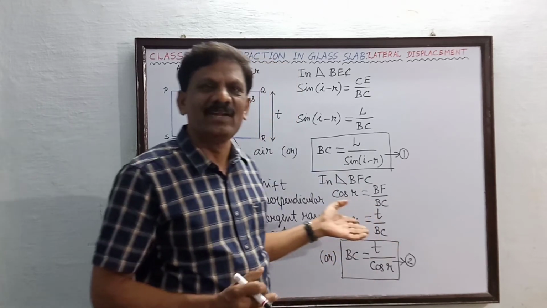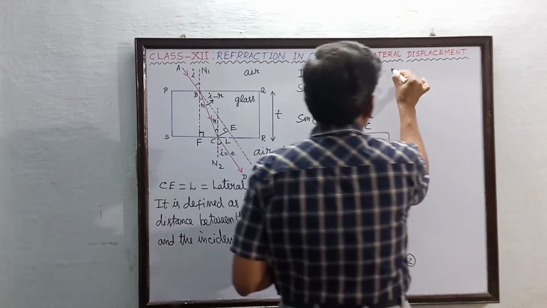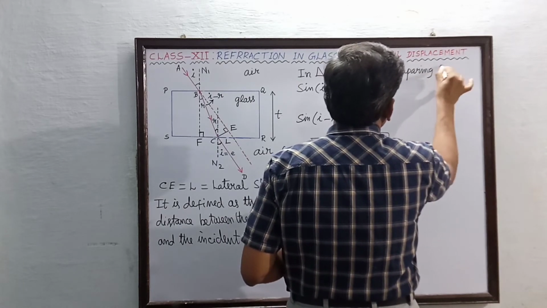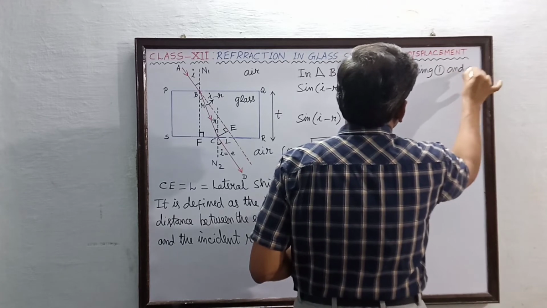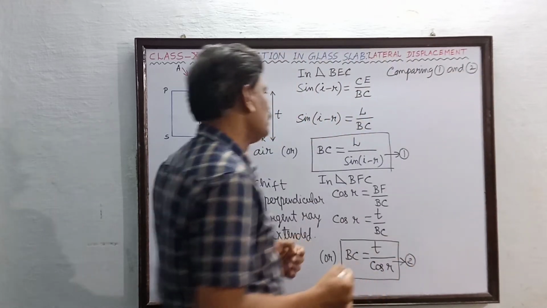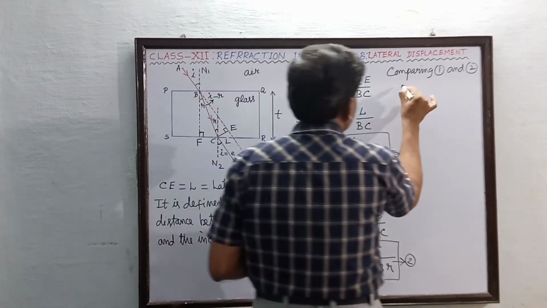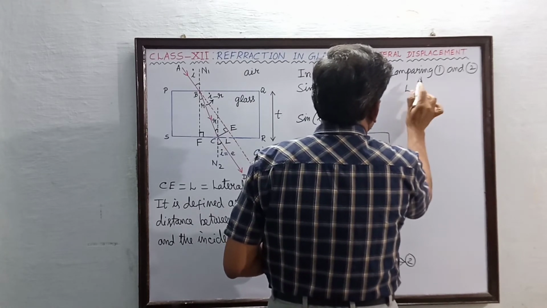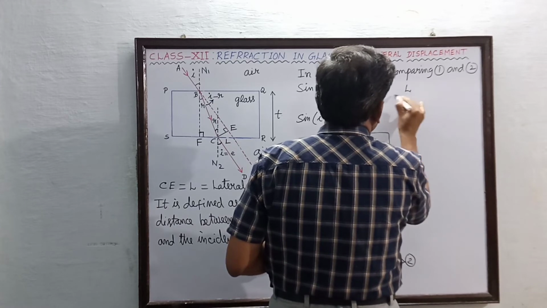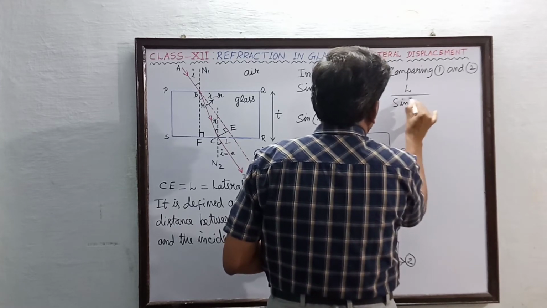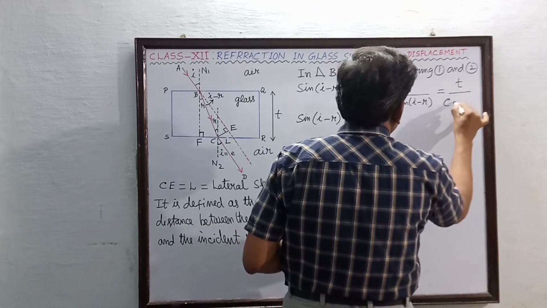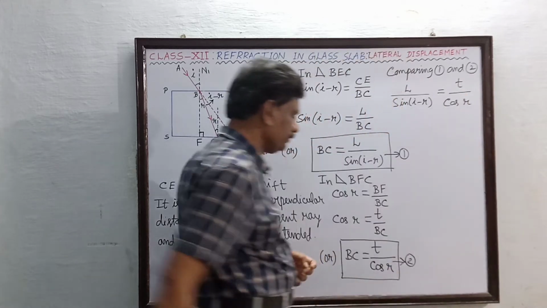Comparing equations 1 and 2, L divided by sin I minus R is equal to T divided by cos of R.